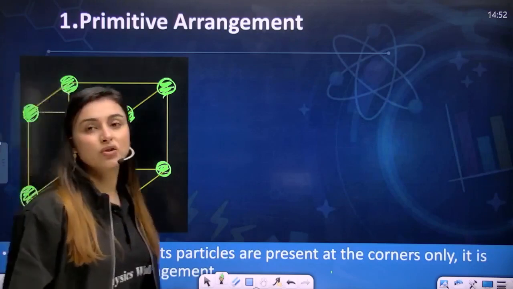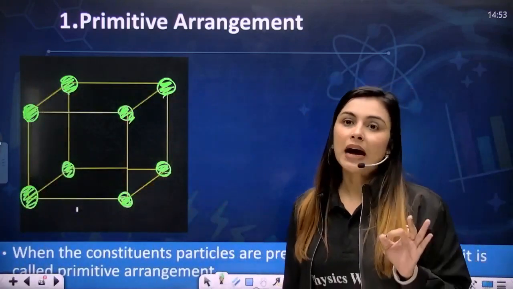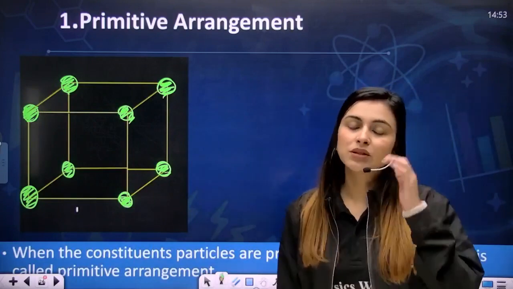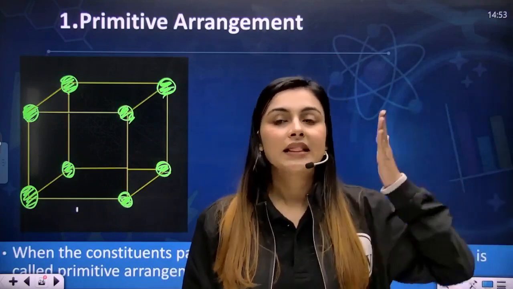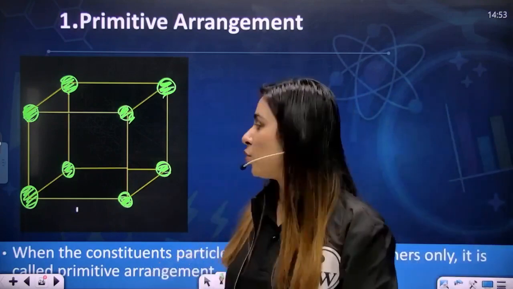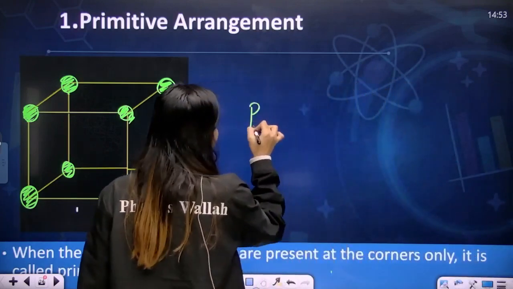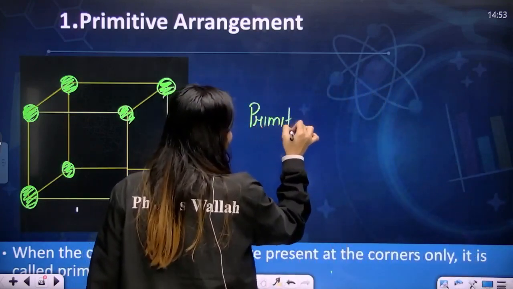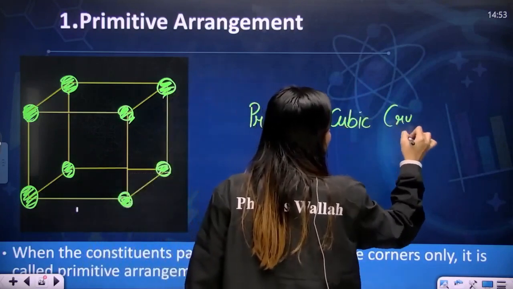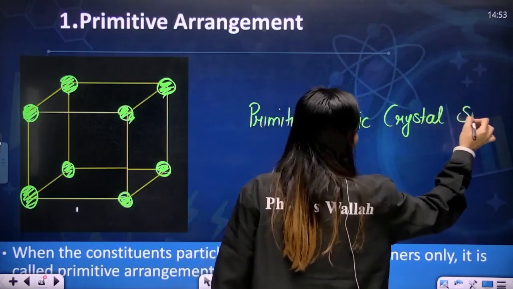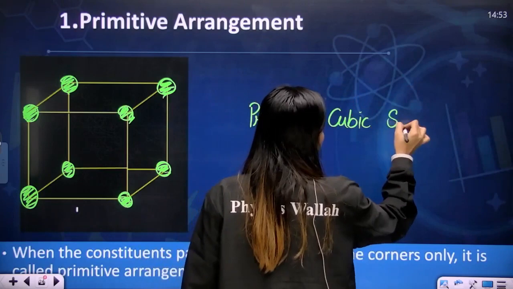So basically, my dear students, 8 corners can be occupied by the atoms, and this is the primitive arrangement. So in primitive arrangement, all the corner atoms are occupied. In the cubic crystal system, we call it the primitive cubic crystal system, or you can say the primitive cubic system.